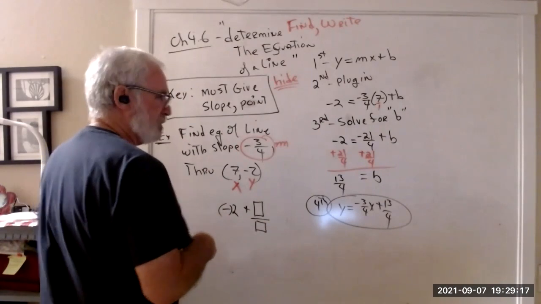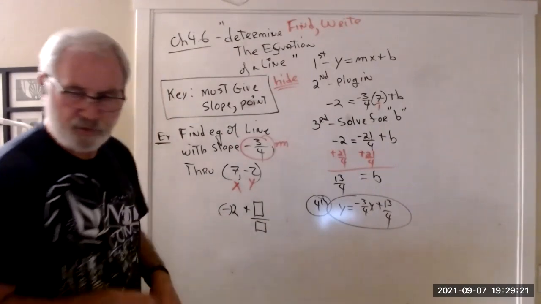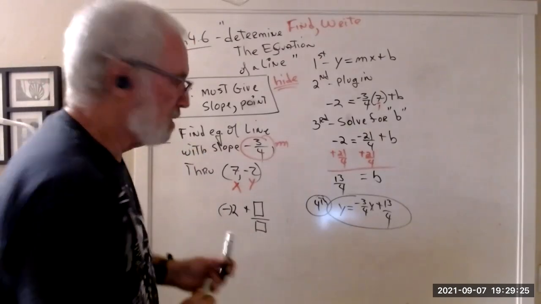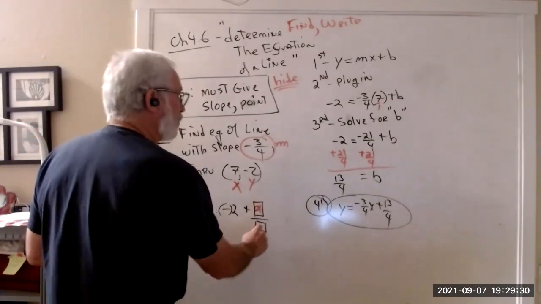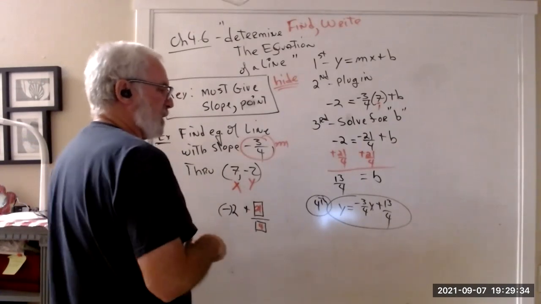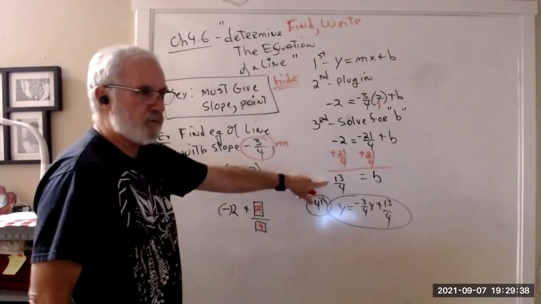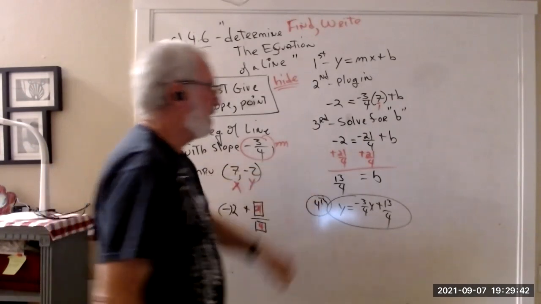Do you have a TI-36X? If you do, then it'll have this key. If you don't, it'll have a different way of doing it. But if you do that, it'll show you 13/4, or it'll show you 3 3/4, whatever. Yes, I got it. Thank you.